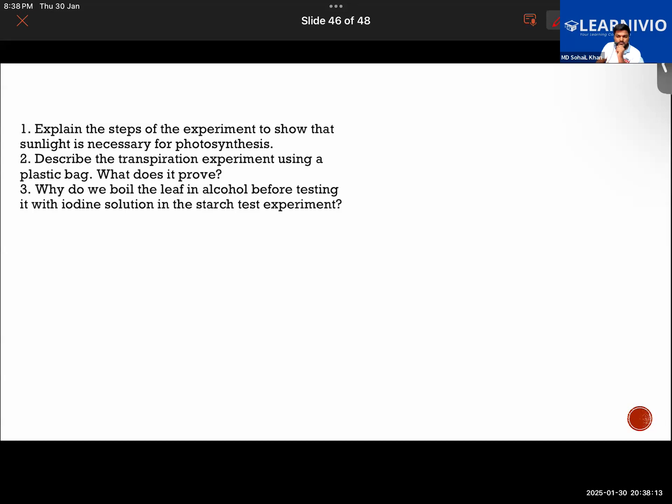Yes, how do we show that it is necessary? What were the steps we have to follow?